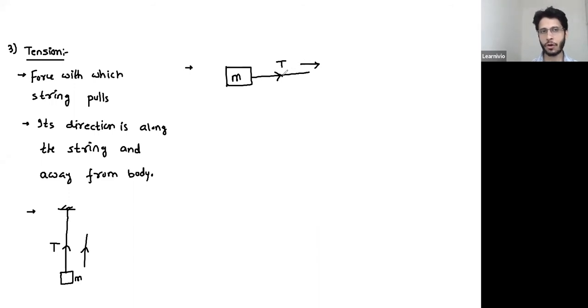So tension always acts along the string and away from the body. If I connected this string to the left hand side, then the tension will act in the left hand side direction. Few more examples. Okay, so that is about tension. This is electromagnetic in nature.